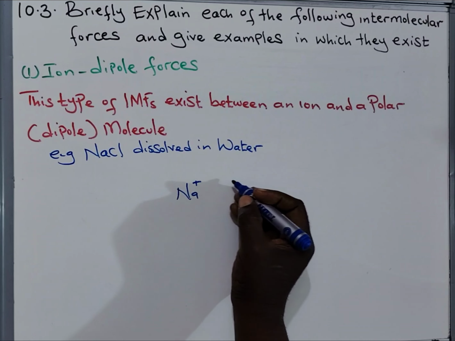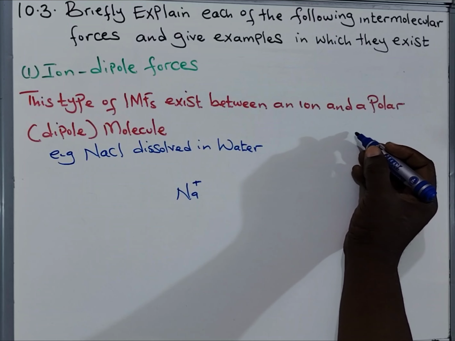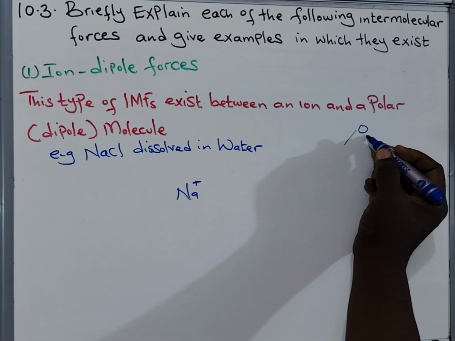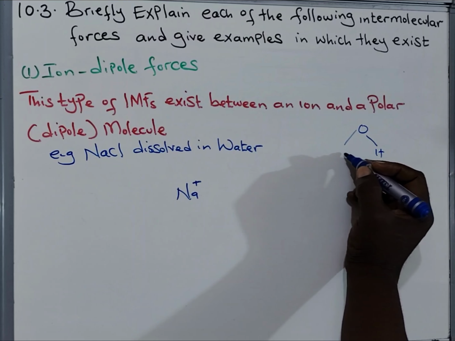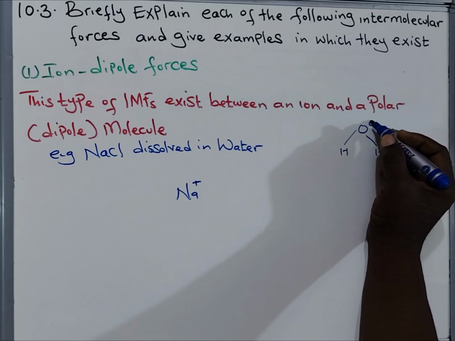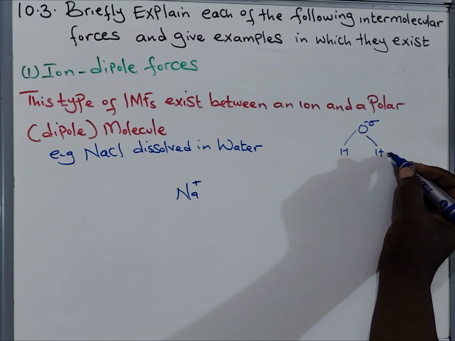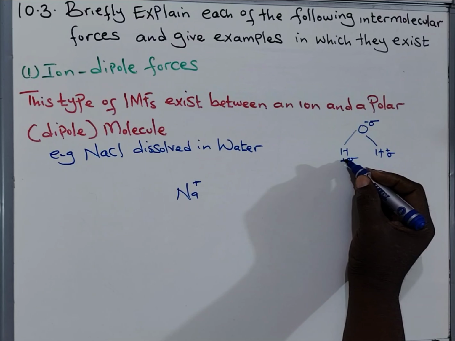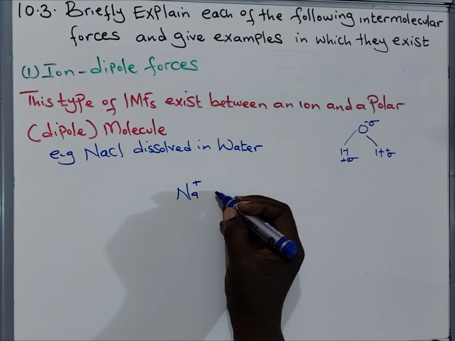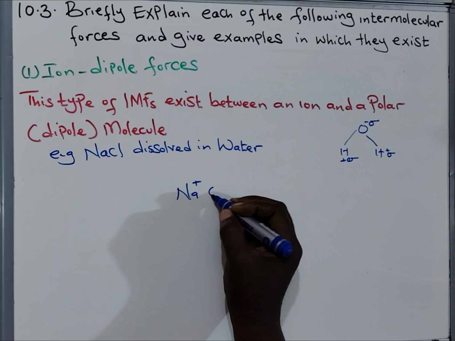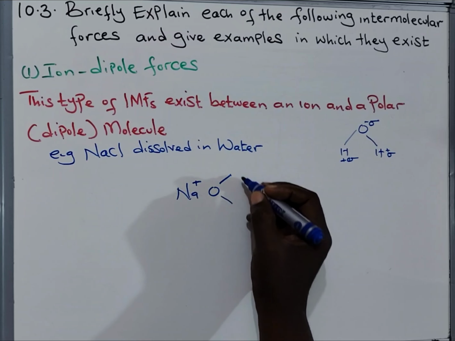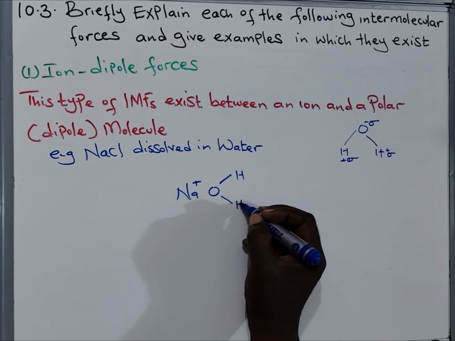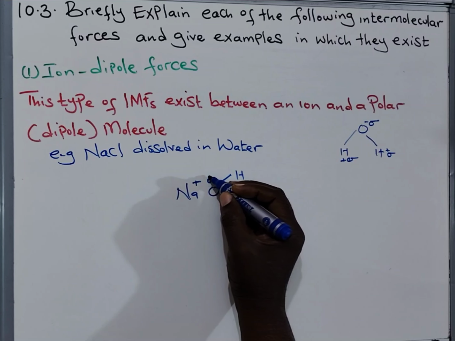The water looks like this. This side is partially negative, and this side is partially positive. Because the sodium ion is positive, the oxygen will come here and the hydrogen will go there, because oxygen is negative, it will come to the positive.